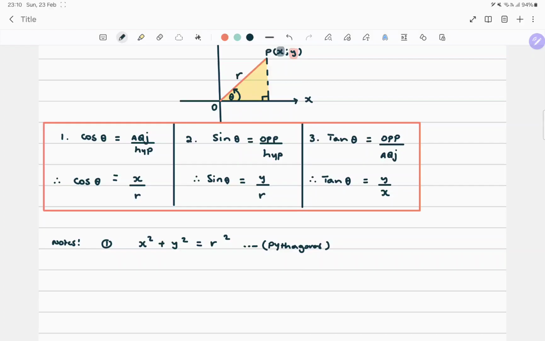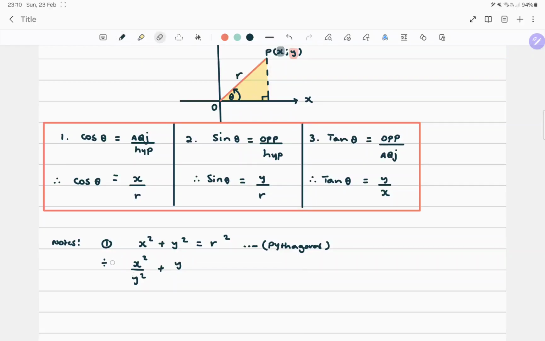Now, what can we do? What happens when we divide throughout? Remember, in maths, we can divide by anything we want, as well as we can multiply by anything we want on an equation. When we divide by y squared, sorry, what am I doing now?